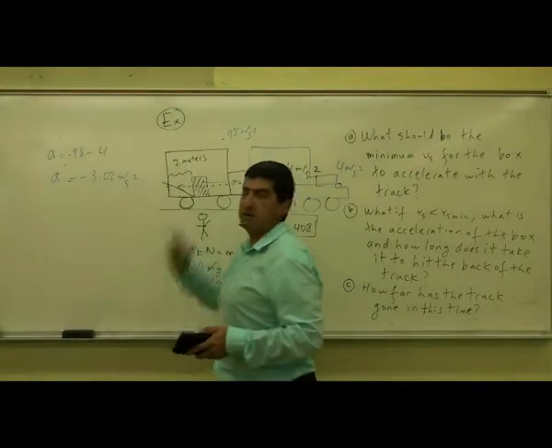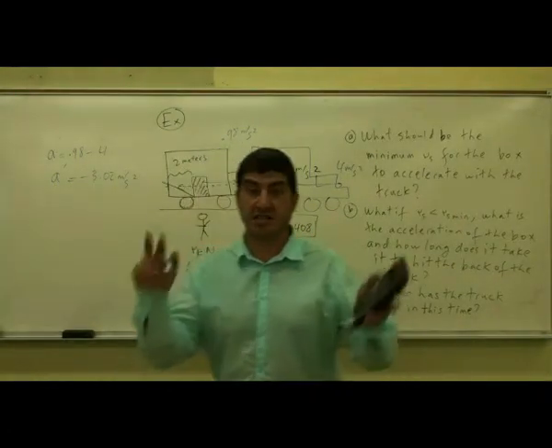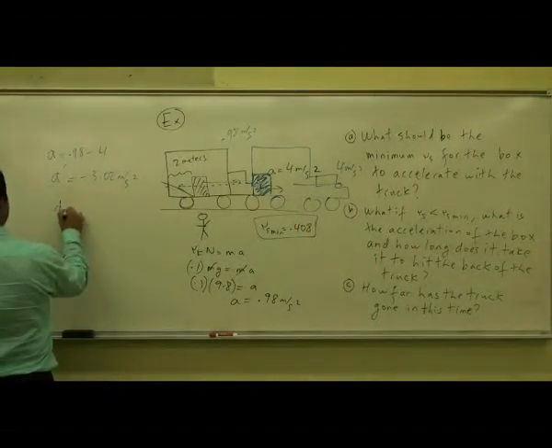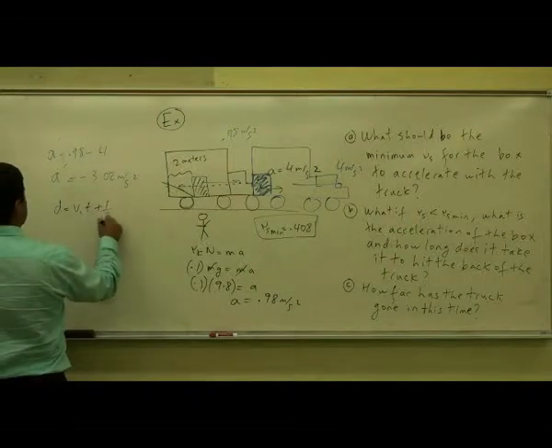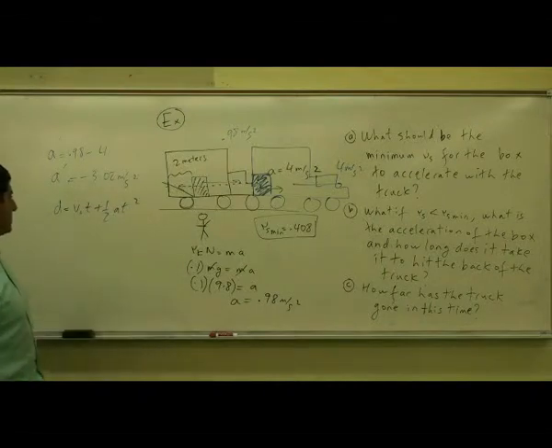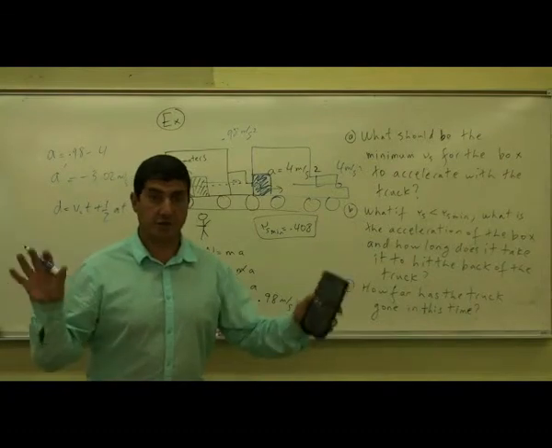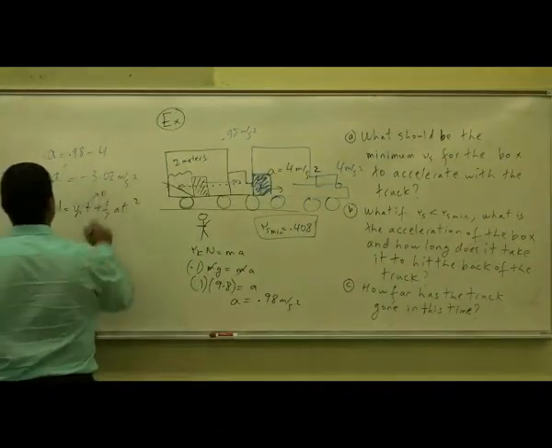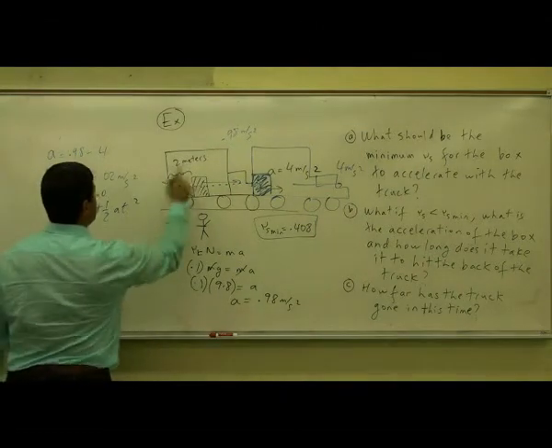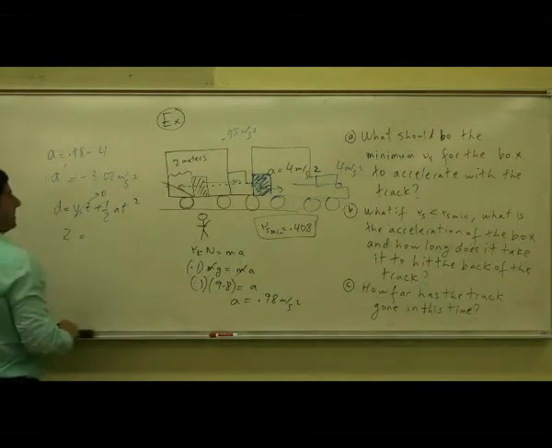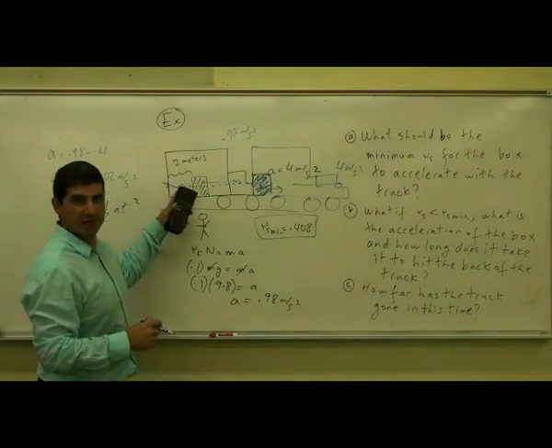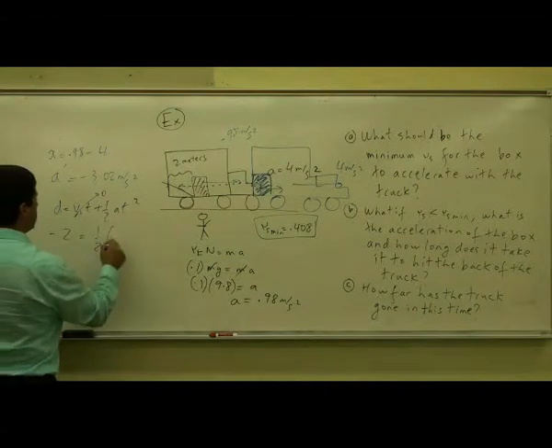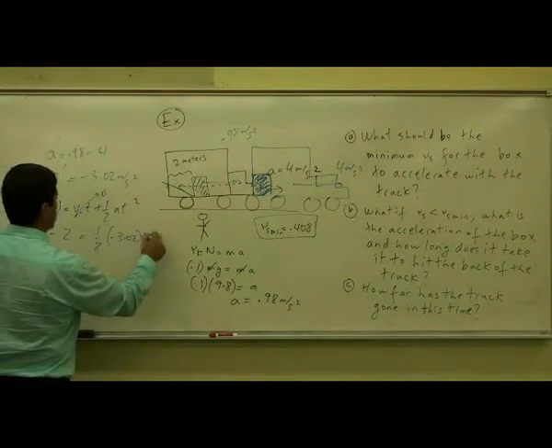How long will it take it to travel a distance of 2 meters? Okay, so we have d equals v initial t plus half a t squared, the kinematics equation. The initial velocity of the box is 0, so the distance d is 2 meters. Now in this case it's negative 2 meters, because it's traveling back. Negative 2 equals half times negative 3.02 t squared.